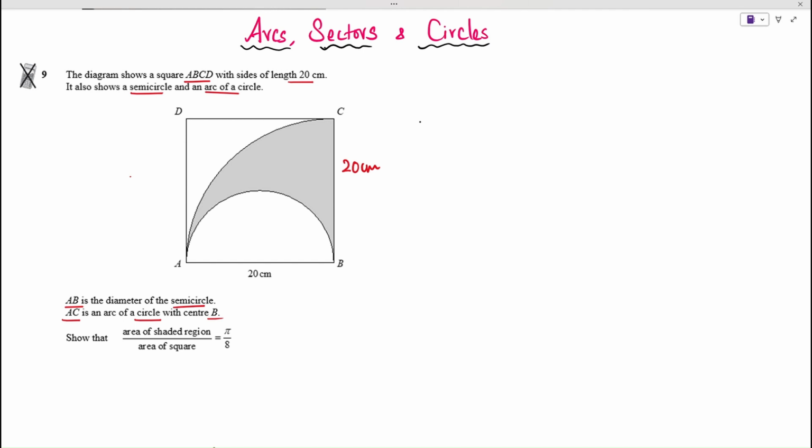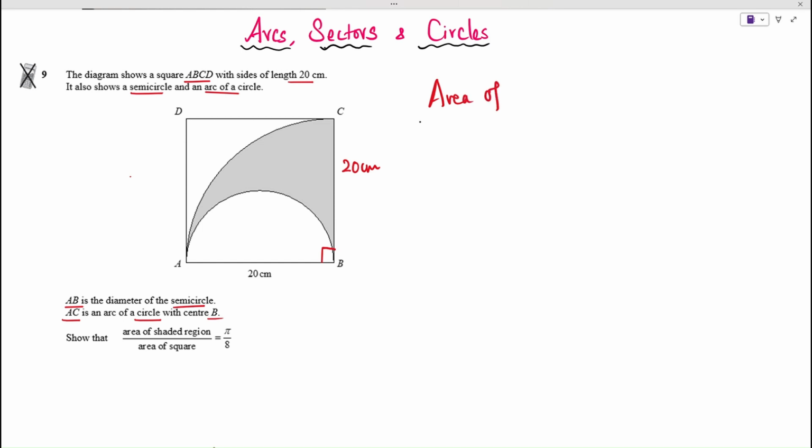So from our 90 degrees of angle ABC, we can immediately identify that the sector, with the arc AC that has the radius AB, is already 1/4 of the full circle that AC is an arc of. So the area of our sector here is equal to 1/4.